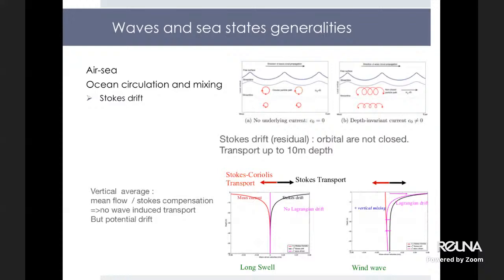And this induces a transport that can be significant up to 10-meter depth on average. If we average vertically this transport, it is actually balanced by the mean current transport. But this is only the case when the flow wave interaction is balanced. So when the wave had just been generated by the wind, it is not balanced and there is the residual drift.